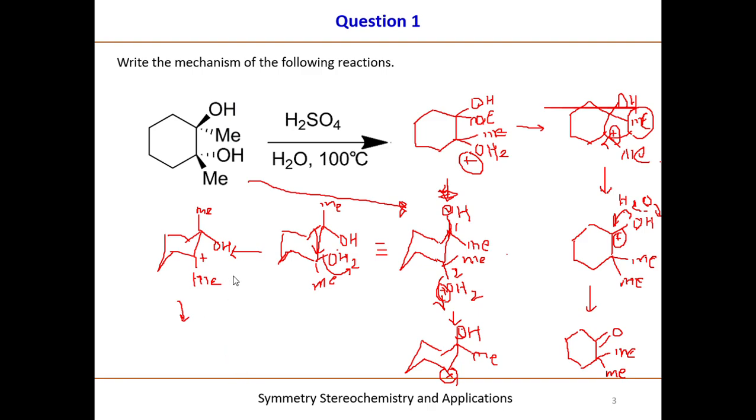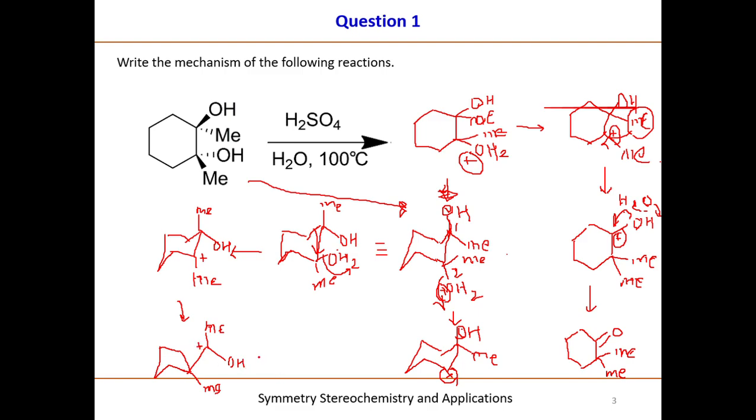I will draw in the same manner, it's better to understand. So here we have this way, right? This carbon will be migrated over here, and this methyl group was present here earlier. Here methyl, here OH, carbocation.